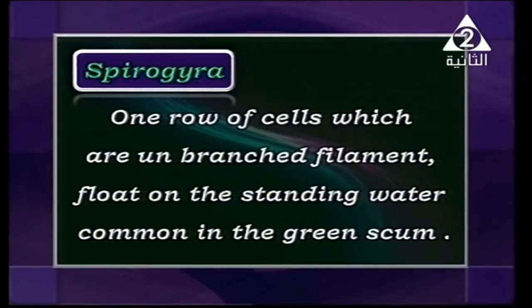They are not branched to each other. They float on standing water, and they are common in the green scum. Green scum is a group of green substances found in salt and fresh water.